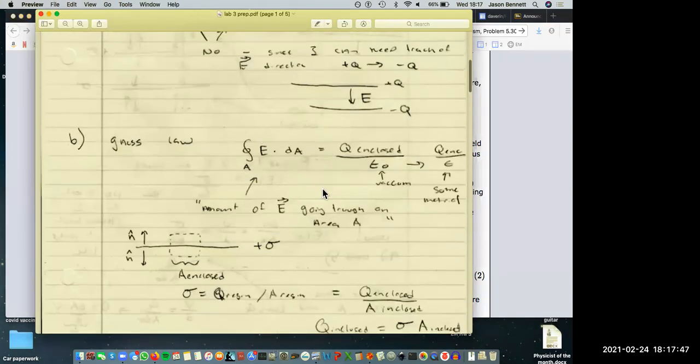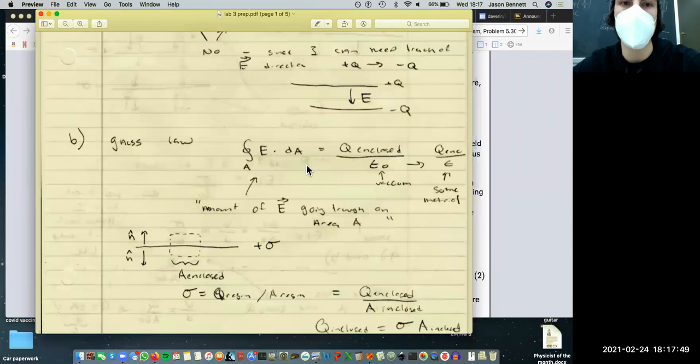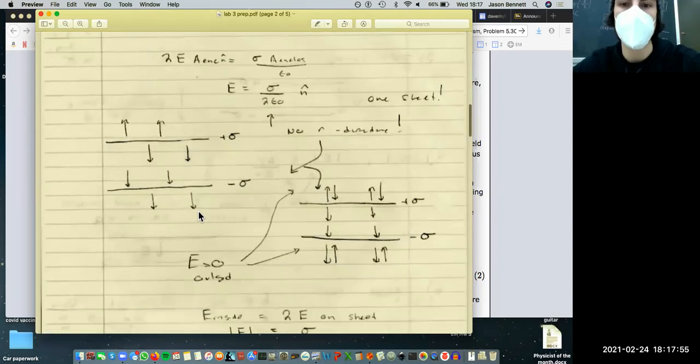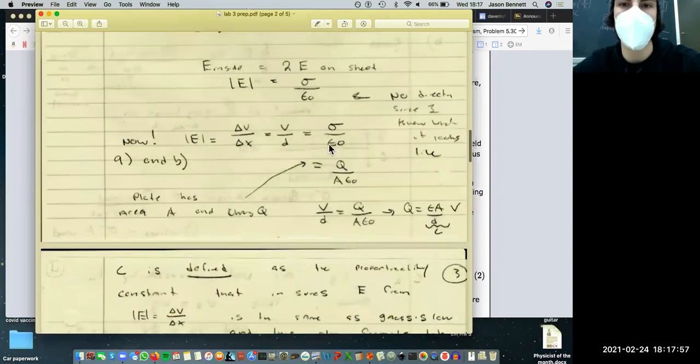It follows exactly, it's the same thing. So what I meant was that you can either talk about this potential formulation or Gauss's law, as long as you define the following thing.